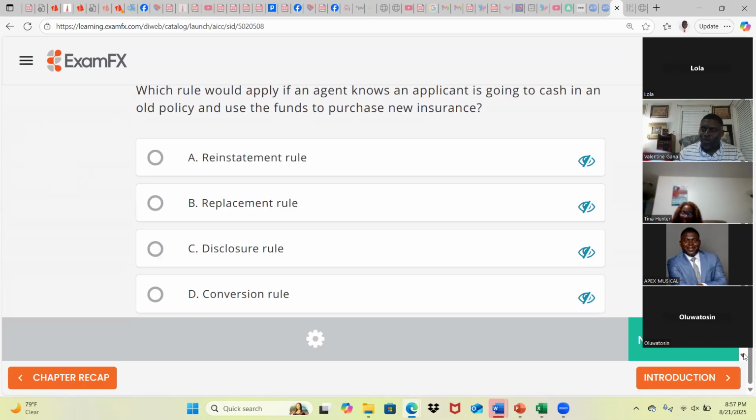A, reinstatement rule, B, replacement rule, C, disclosure rule, D, conversion rule. Which rule would apply? Conversion. Conversion or replacement? Replacement, I think.